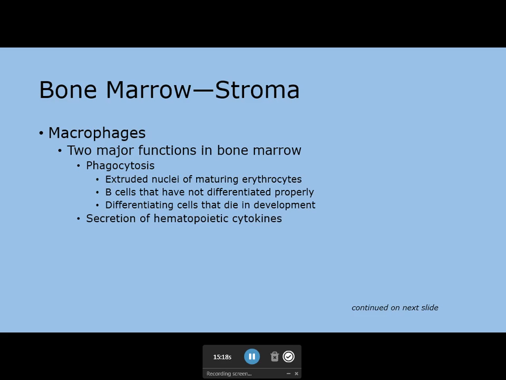But the way your stem cells are designed, which is what makes them really unique, is they go through mitosis just like that, but this one will stay undifferentiated. In other words, it remains a stem cell. But this one will be a neutrophil.